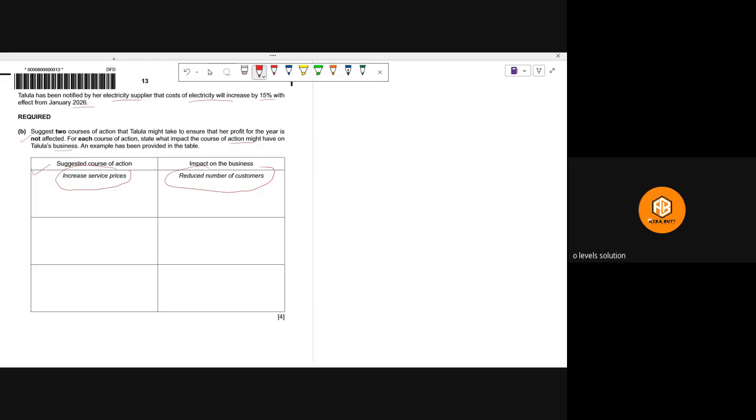The second thing she can do is, because she gets income by providing service and I think by renting out her premises to Sheila, she can increase the rent charged to Sheila.